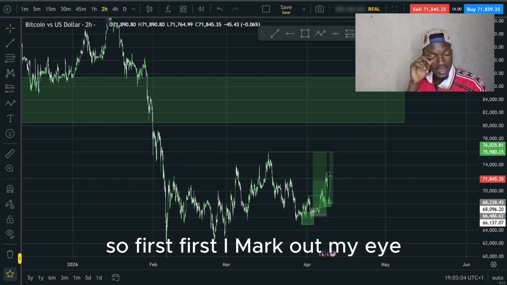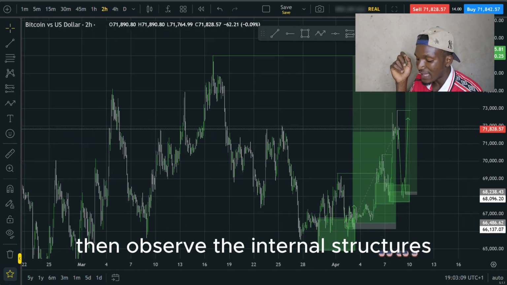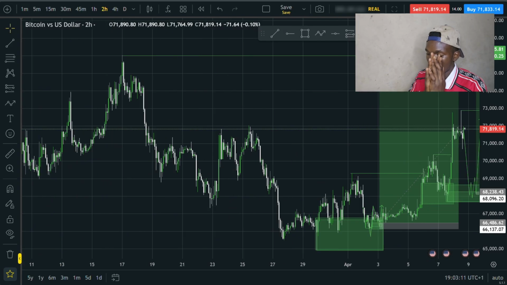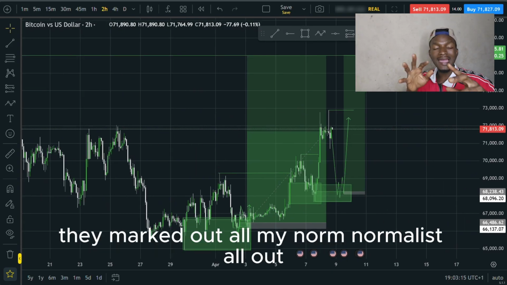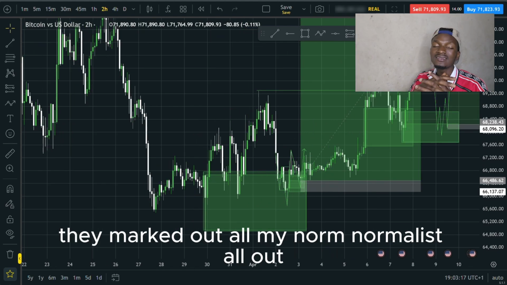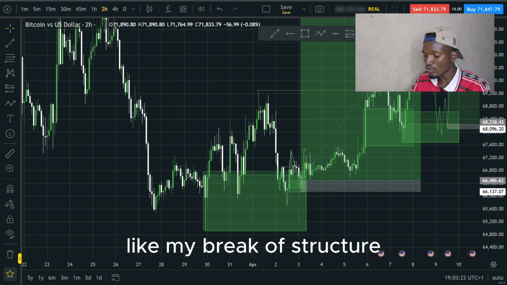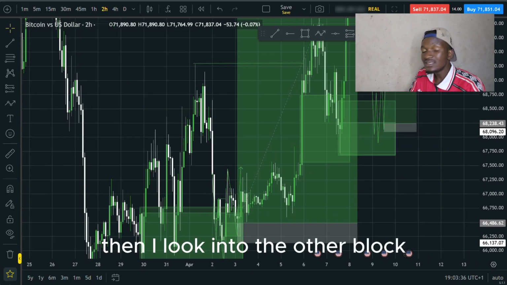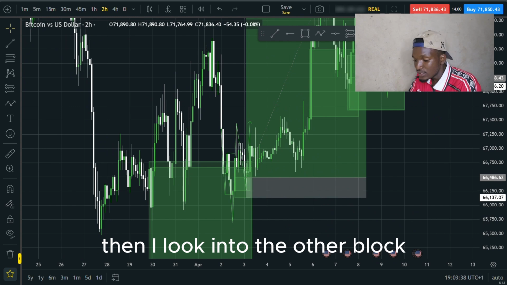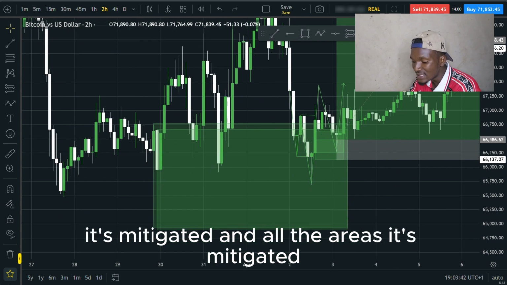So first, I marked out my range, then observed the internal structures. Then I marked out all my zones, like my break of structure and order blocks, and then I looked into how price reacted from all the order blocks it mitigated.